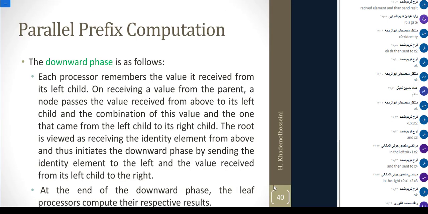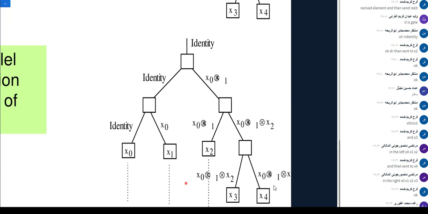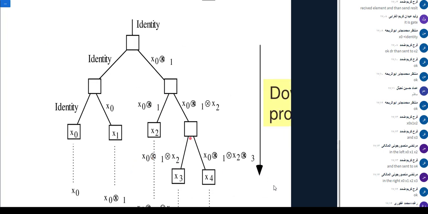By combining their own value with the received value. X4 is combined with what it receives. Okay, was it clear?